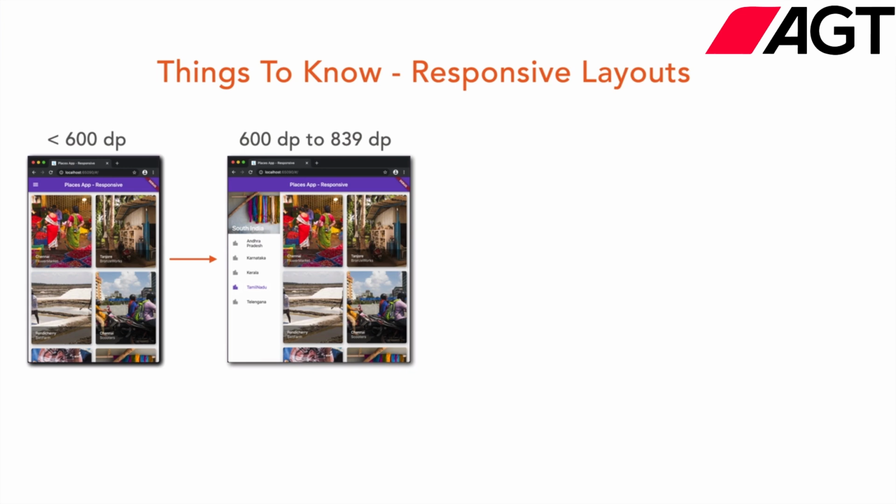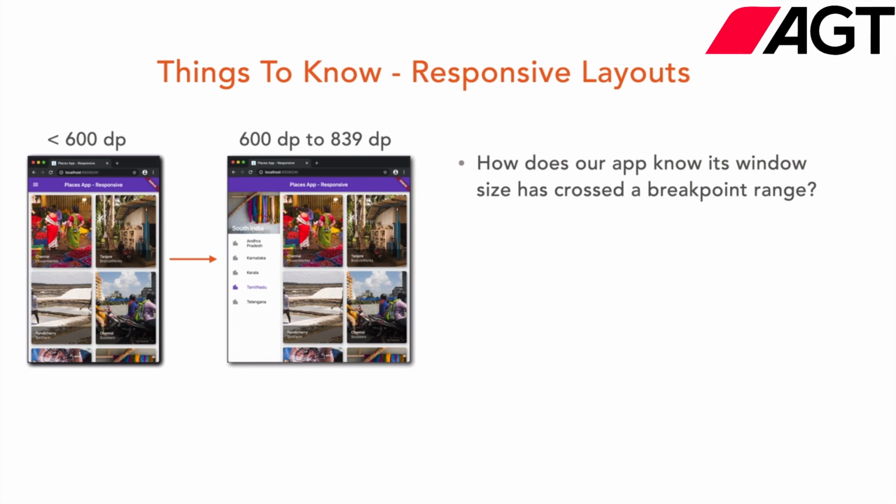In order to build responsive layouts in Flutter, obviously one of the things we must tackle is how our app knows its window size has crossed a particular breakpoint range so that we can switch our app layout from a small screen to a medium screen size.